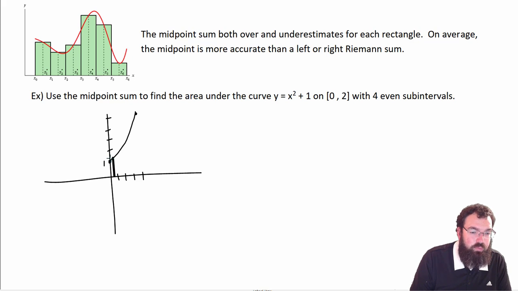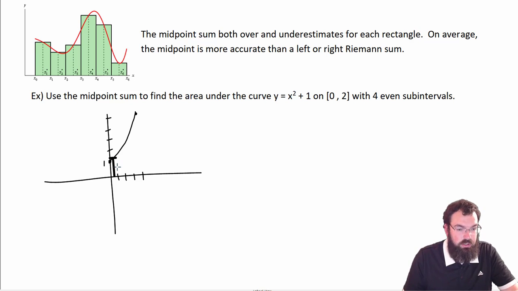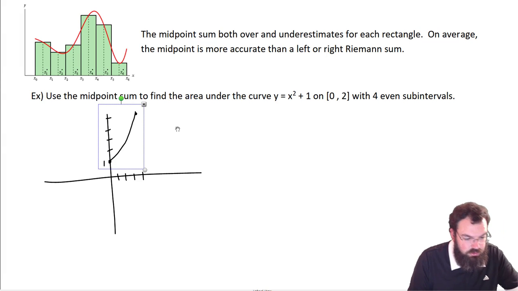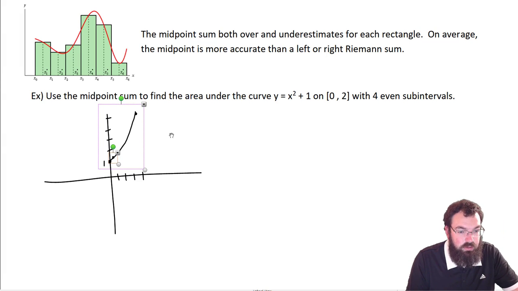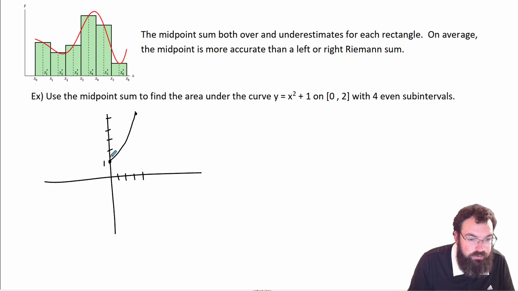Then my rectangle uses that height. Technically, I didn't need to draw that middle one. There we go, there's my height right there. Hopefully we can see that. Oh my gosh, this is going to be another terrible video, guys. I am beyond words. There we go, there is our first rectangle.